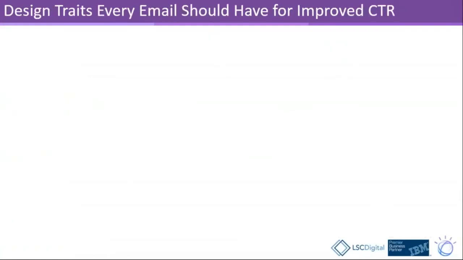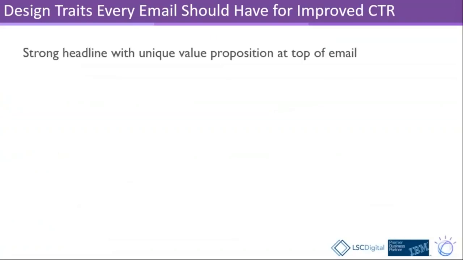And then just staying along this line on the design traits that every email should have to improve click-through rates, going off what I was saying before: first off, images do get blocked. But going back to Lauren's interesting stat on read rates, in the US, ultimately 40% of people are looking at an email 7 seconds or less.